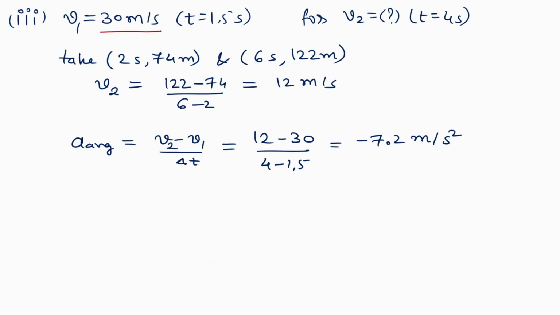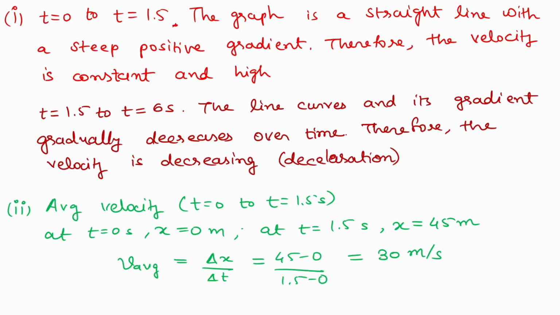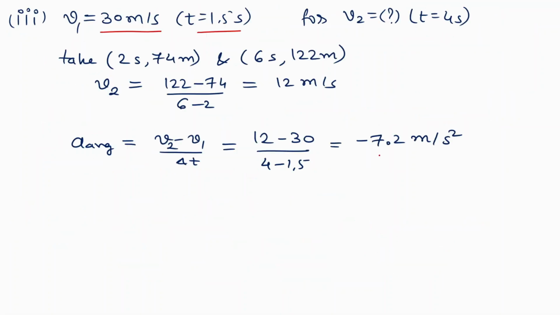We know it is 30 meters per second at t equal to 1.5 seconds, because we have already done that. But we don't know the average velocity at t equal to 4 seconds.